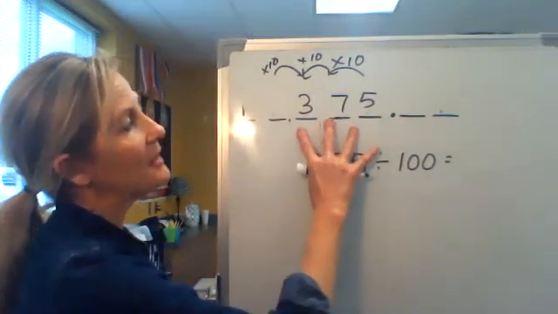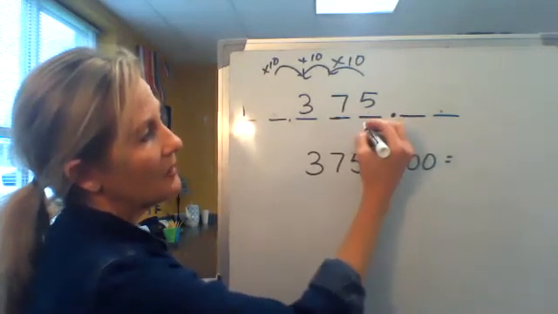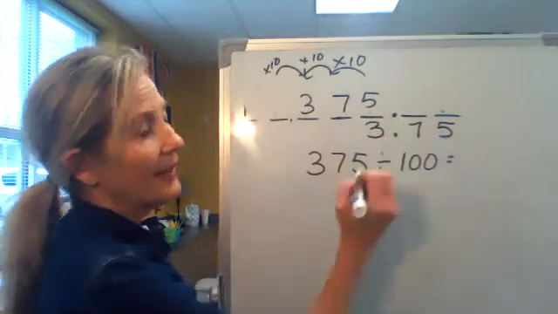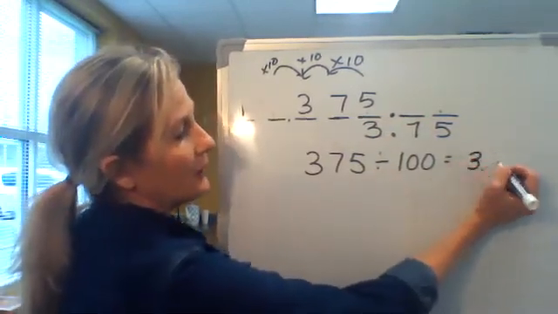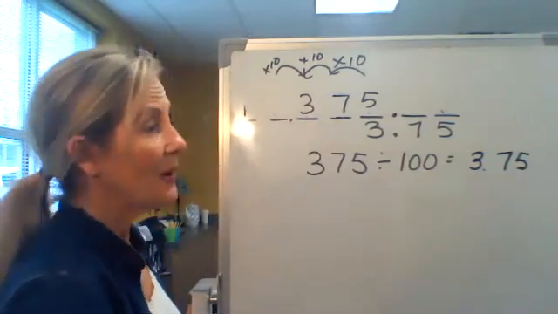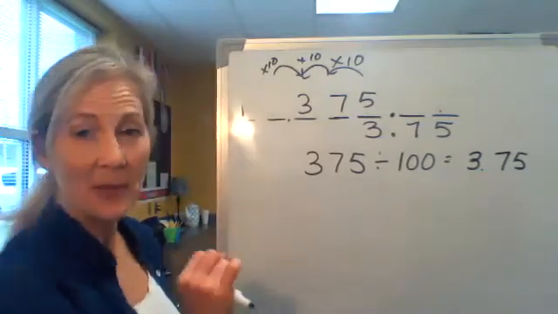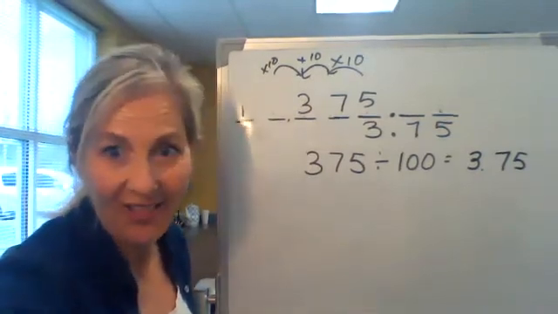So I'm just going to rewrite my numbers like that. This is 375 divided by 100 would be 3 and 75/100. So be really noticing some of the patterns that are in our place value system because it will help a lot.